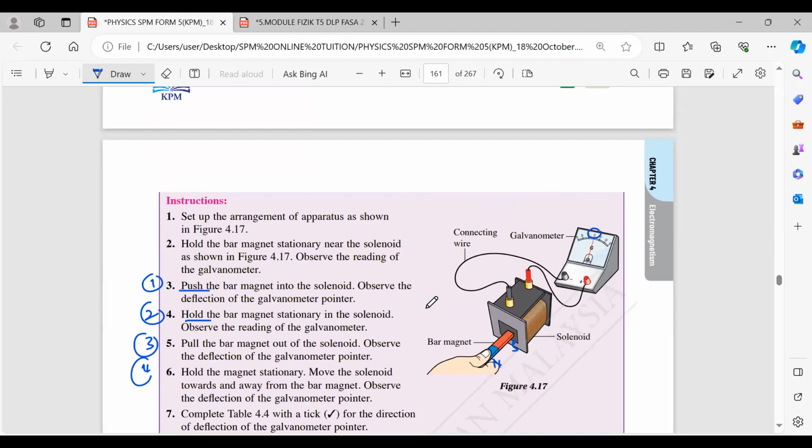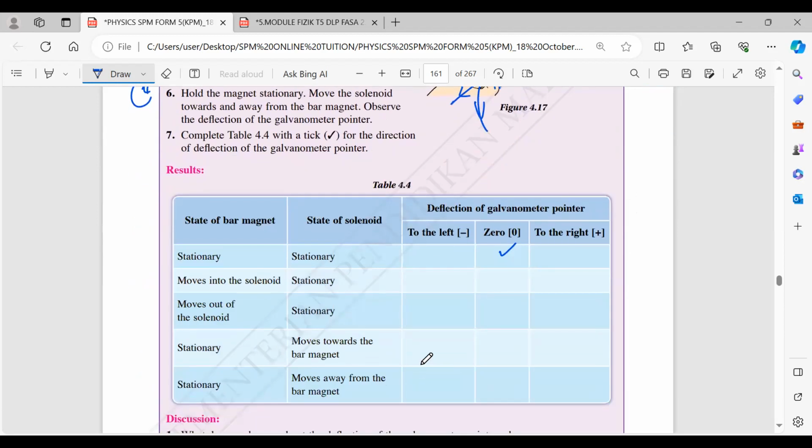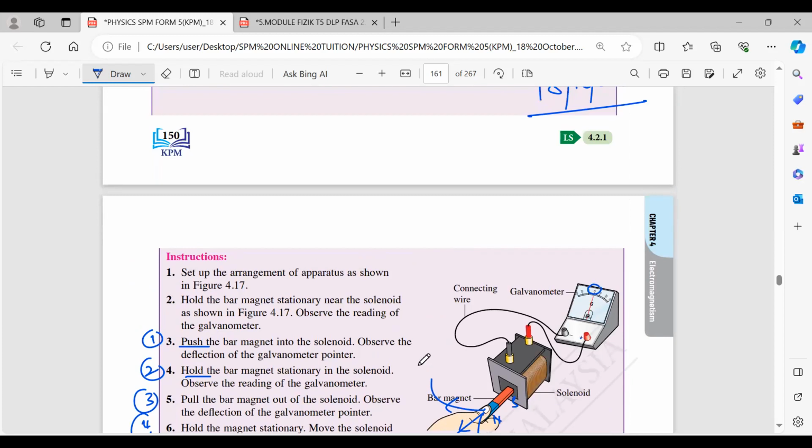The magnetic field will be coming out from the north. At this end, this is the south. Depending on whether you are moving it in or out, if you are pushing the magnet in, for the first situation, when I move in, it will try to oppose.